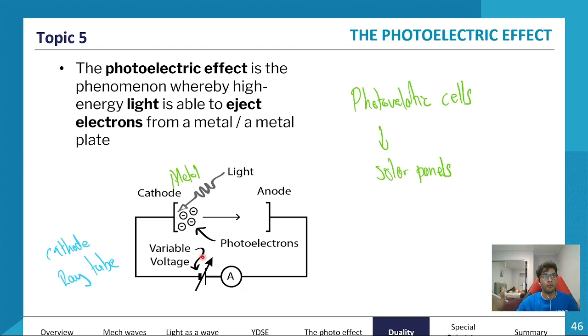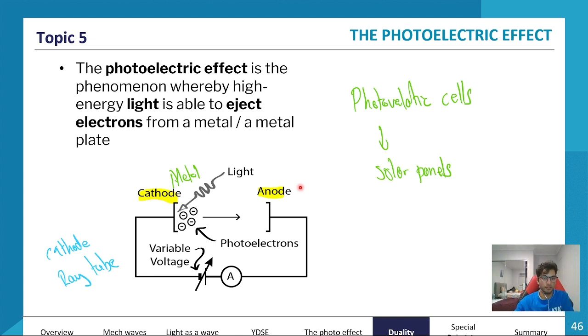First of all, for anyone who's doing chem, anode and cathode over here is not the same as the chem anode and cathode. So please don't confuse the two. The anode and cathode in physics has no connection to the chemistry one. In the photoelectric effect, the anode is positive.